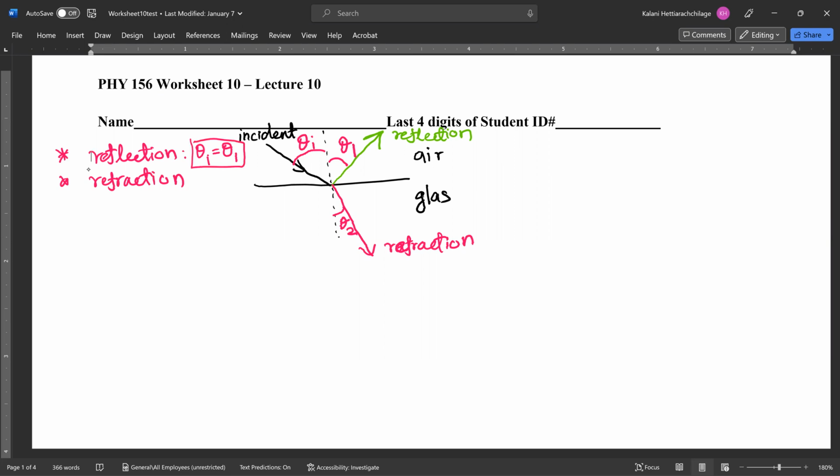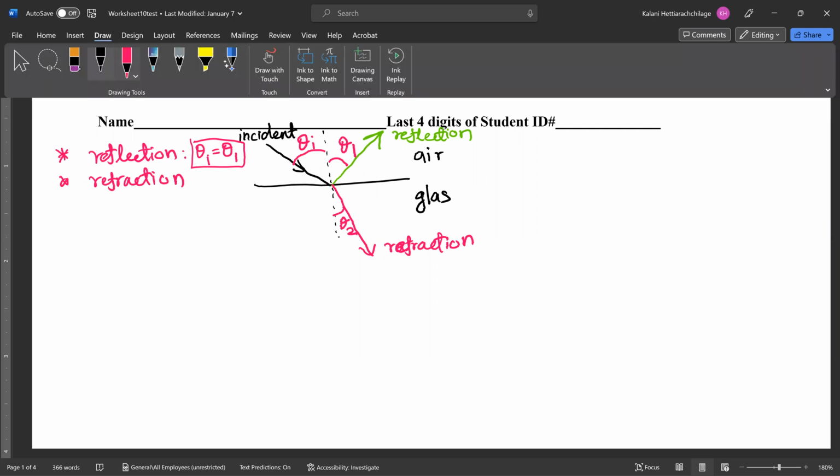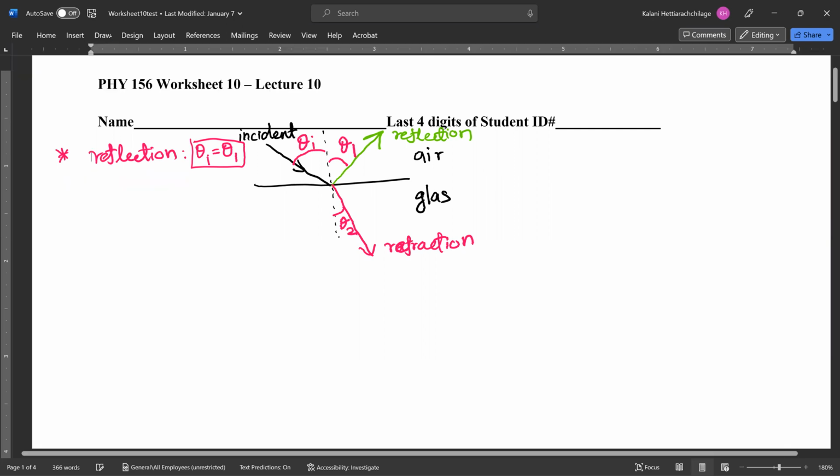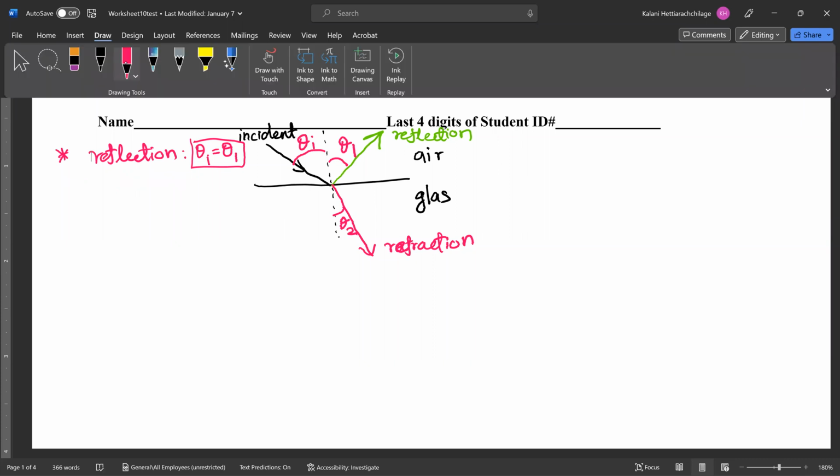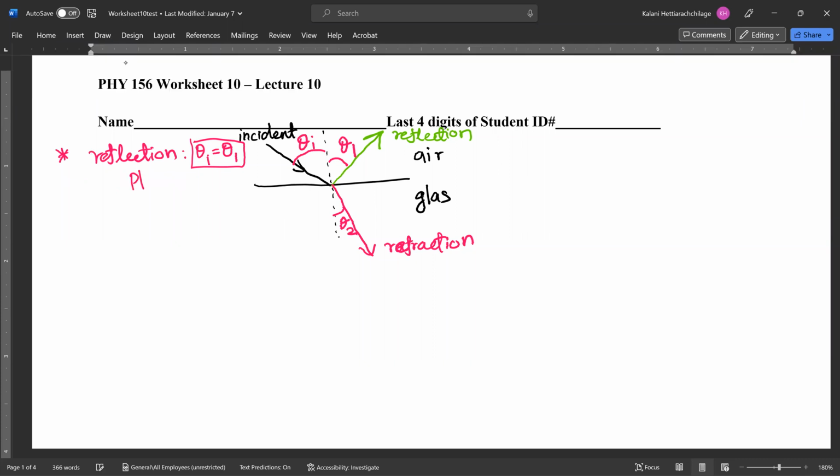That will happen in mirrors. Under that, we discuss the plane mirror, the concave mirror, and the convex mirror. All of these follow the reflection law, that means incident angle equals reflection angle.